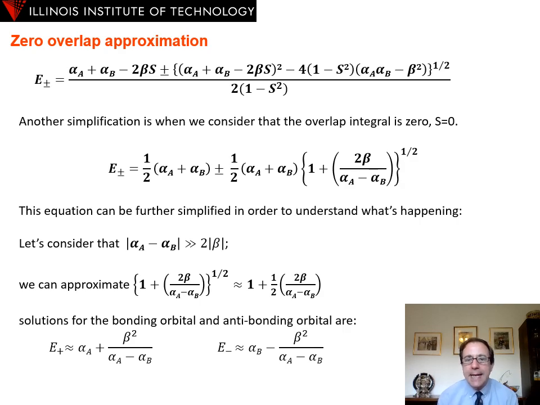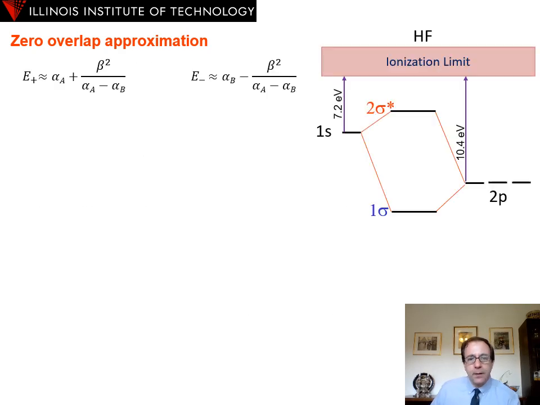And the energy for the anti-bonding orbital is the higher lying energy level minus beta squared over alpha A minus alpha B. So those are our shifts from the lower lying and upper lying energy levels to get our bonding and anti-bonding molecular orbitals.